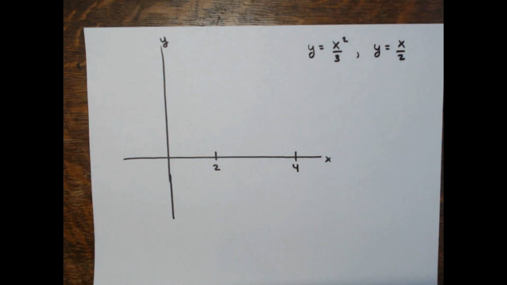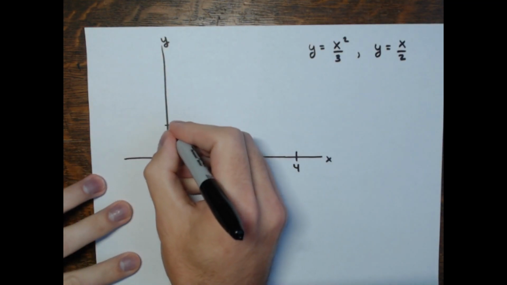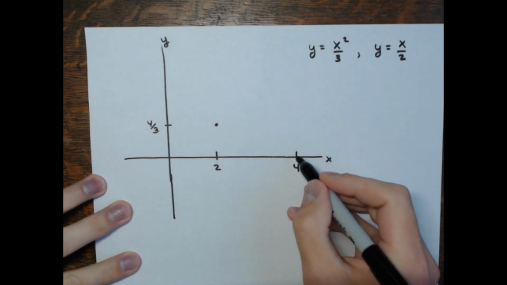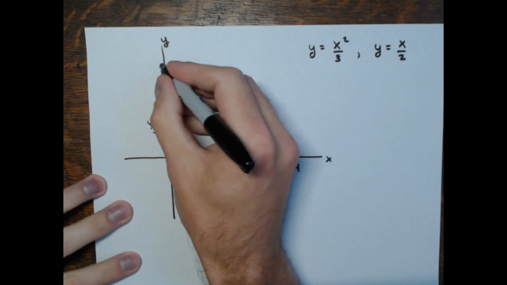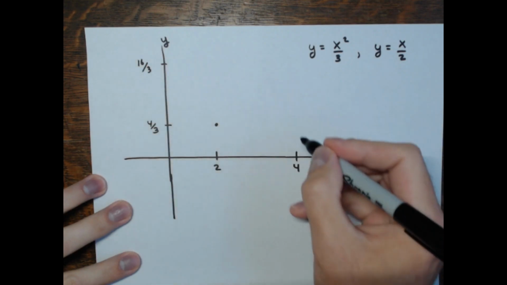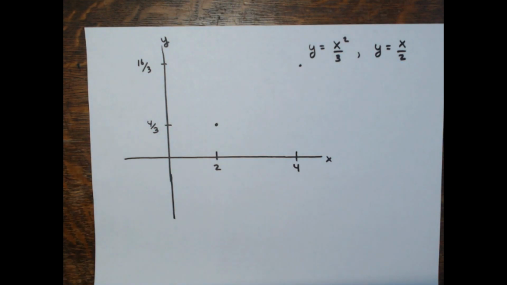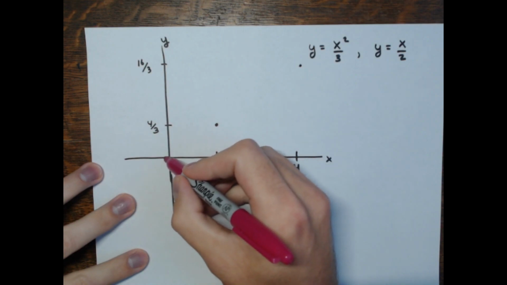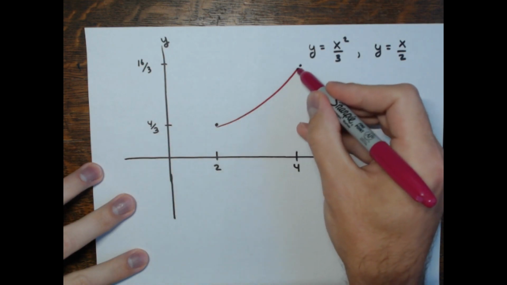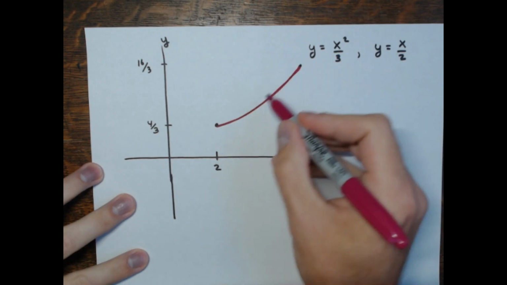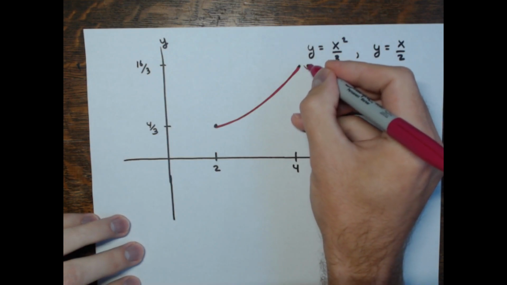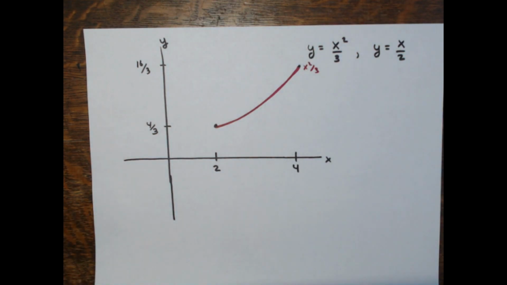So x squared over 3, when I plug in 2, that'd be 4/3, 1 1/3. So there's that point on the graph, and plug in 4, that's 16/3 or 5 1/3, something up here, a little higher. And this is part of a parabola. This isn't a great drawing, but it would actually be a little steeper than that. But there's x squared over 3.